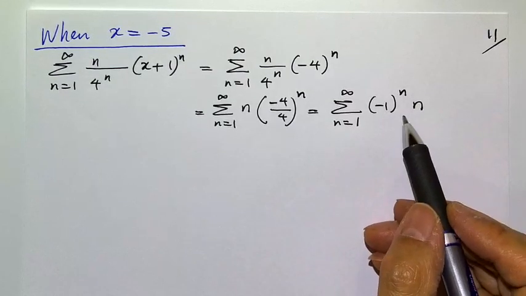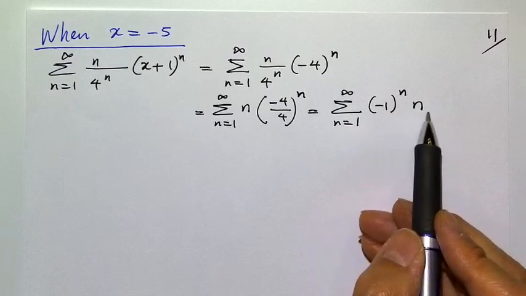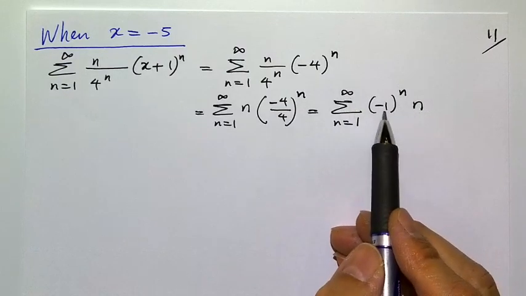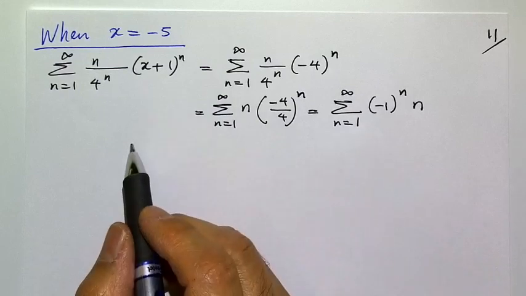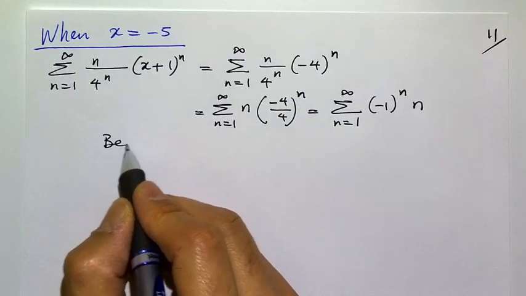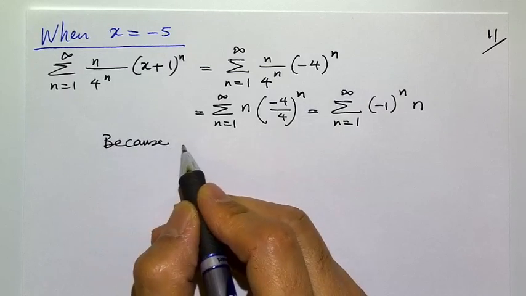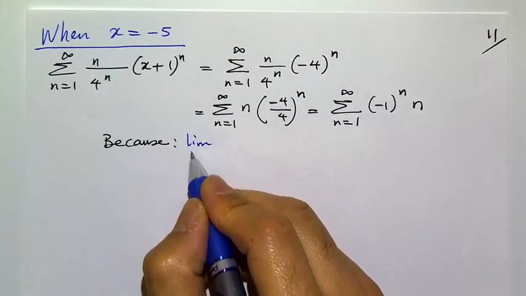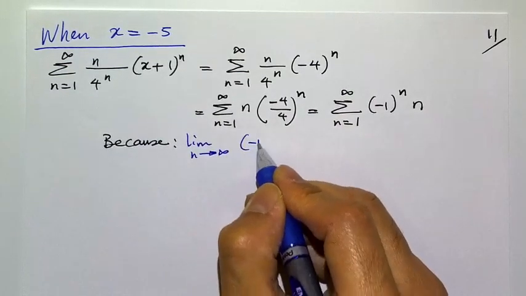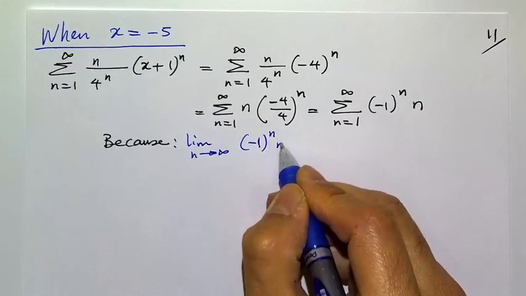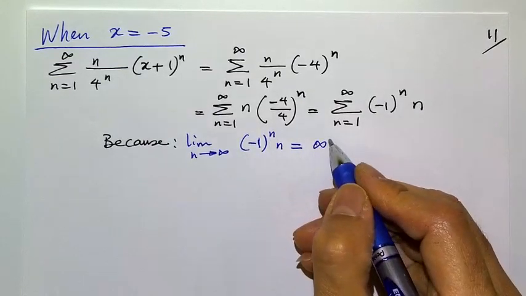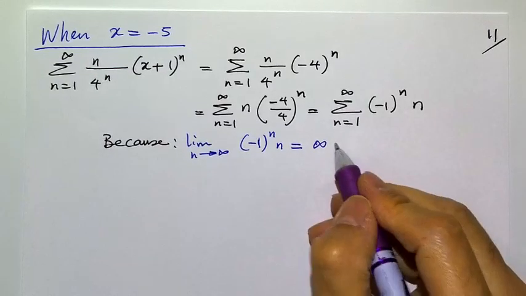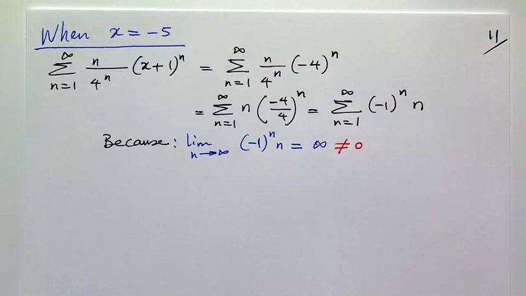For sure, this is going to diverge, because when we take the limit of this, so let me write that here, it equals infinity, and it's not equal to 0. And we know that we learned something, the divergence test, right?